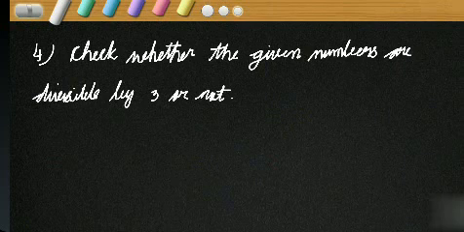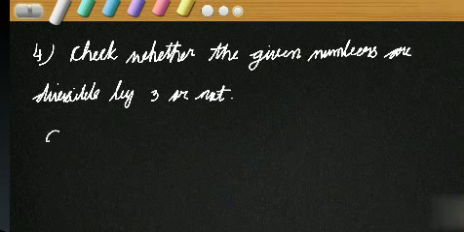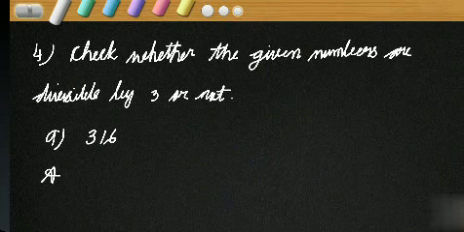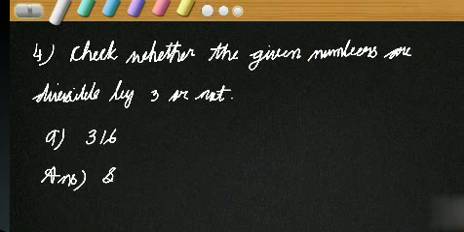First question is 316. So how to find out this answer? How to check whether it is divisible by 3 or not? What we have to do? Yes, find out the sum of the digits, isn't it?